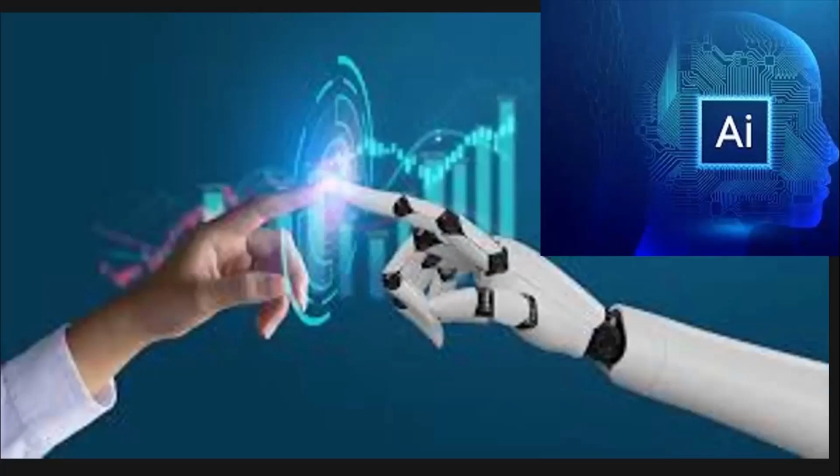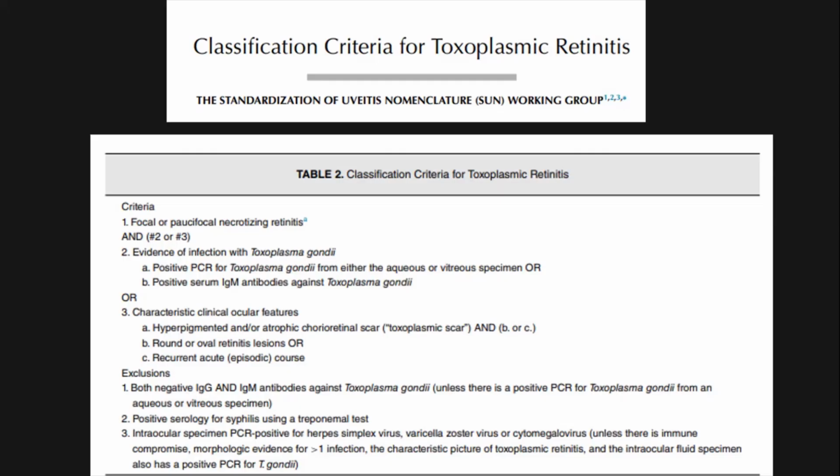There are a lot of recent developments like AI and the classification criteria. SUN2 has come, Standardized Uveitis Nomenclature 2, which was published in the year 2021. And they have classified toxoplasma retinitis as focal or paucifocal necrotizing retinitis, with evidence of PCR or IgM antibodies, classical ocular phenotypes, excluding certain other things.